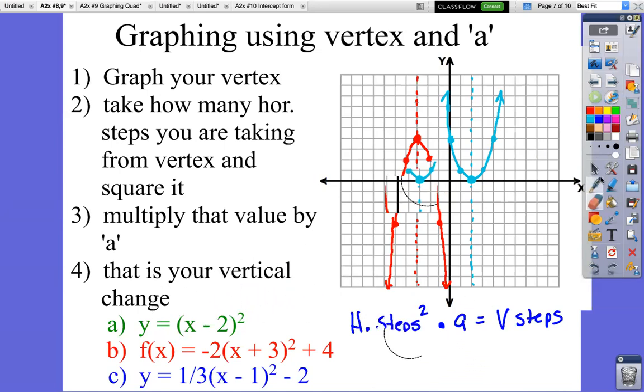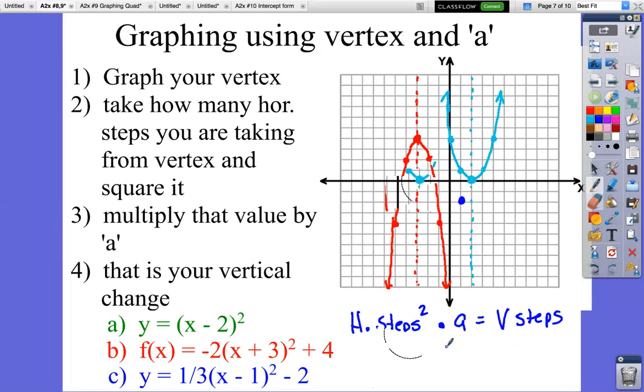Then the last one we're doing today will be in blue. What's my vertex here? It's +1, -2.